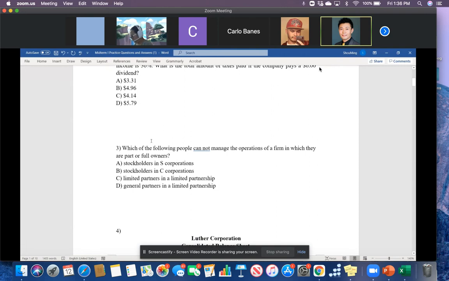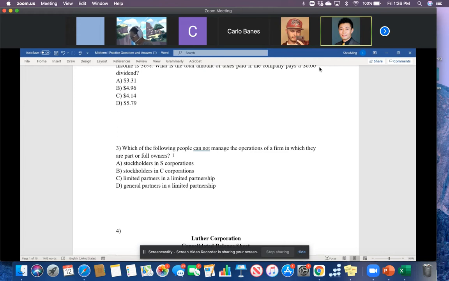It asks us which of the following people cannot manage the operation of a company in which they are part of four owners? So for this question, it's simple. Check the tables available in your slides. If you go back to your slides, you can find the table, right? You have the limited partnership, you have the corporations. I think there are four types, right?